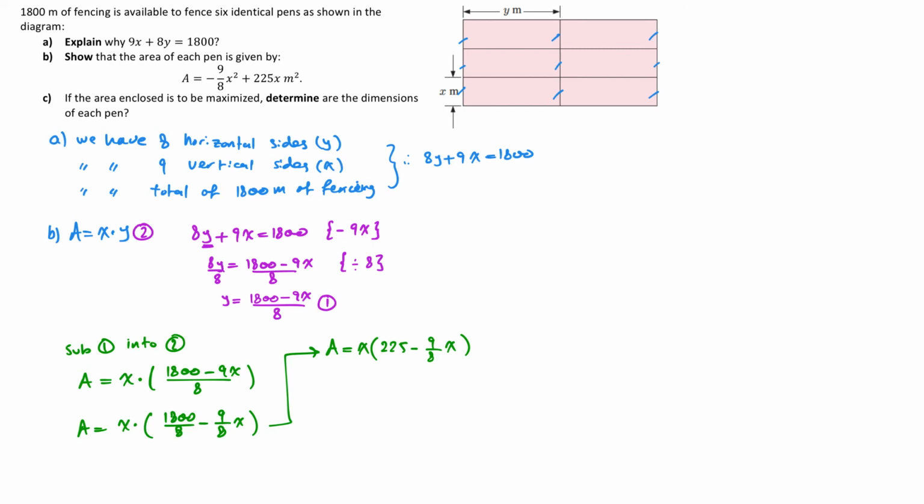Our last step is to distribute the x to both parts of the fraction, and I get 225x minus 9 over 8x squared, which is what we have above. So we've shown that area can be expressed as 225x minus 9 over 8x squared.